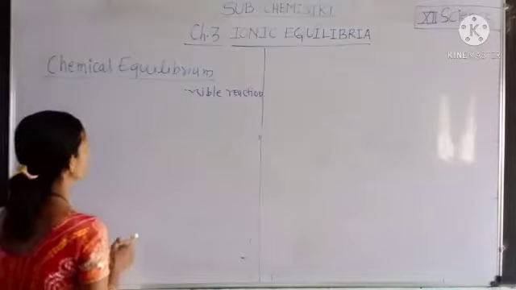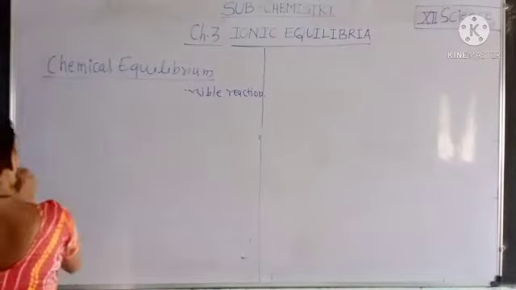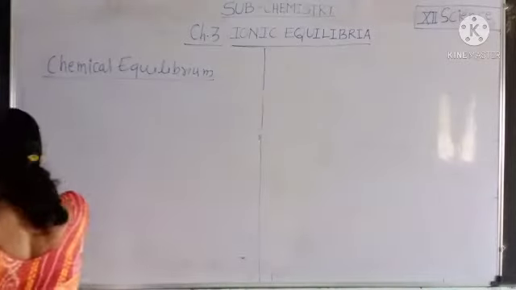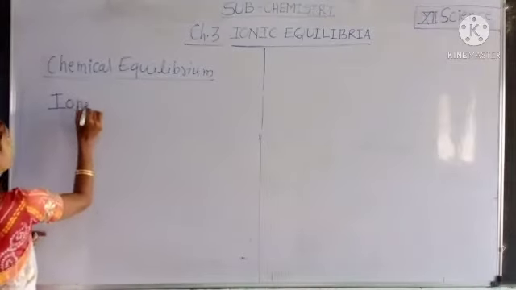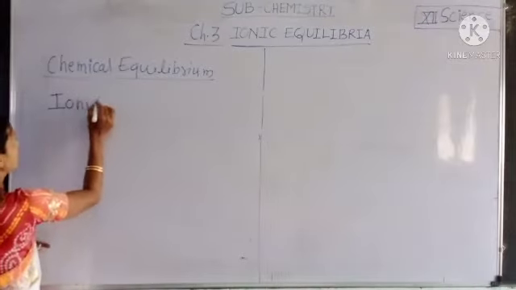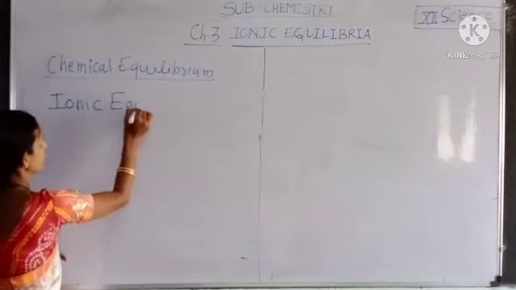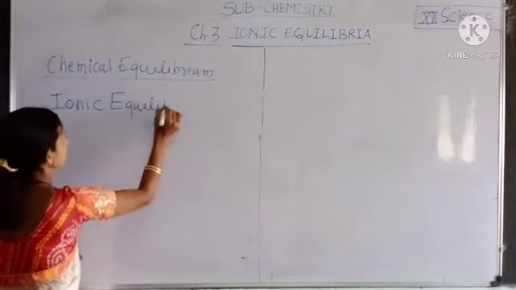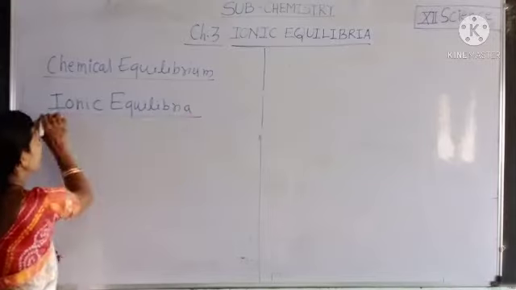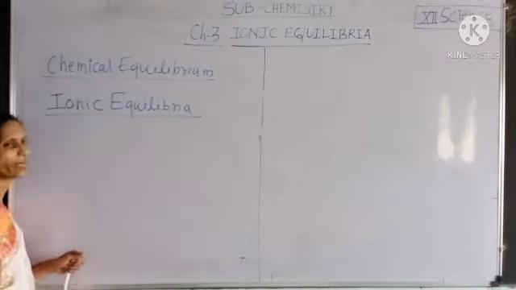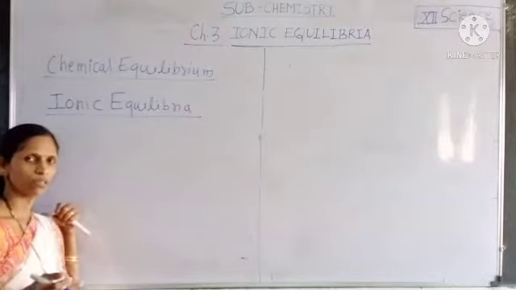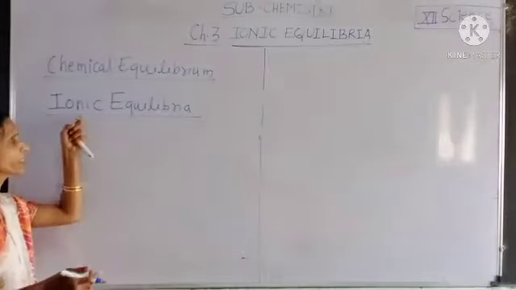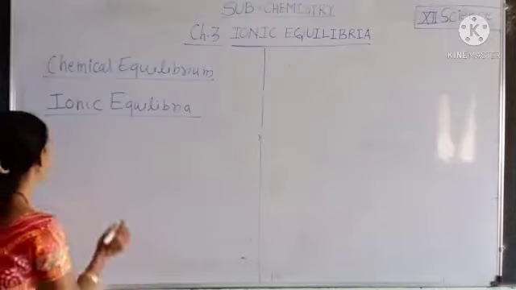Suppose, here are examples of a few chemical equilibria which explain ionic equilibrium. I am going to discuss ionic equilibrium with you by taking one example of it.